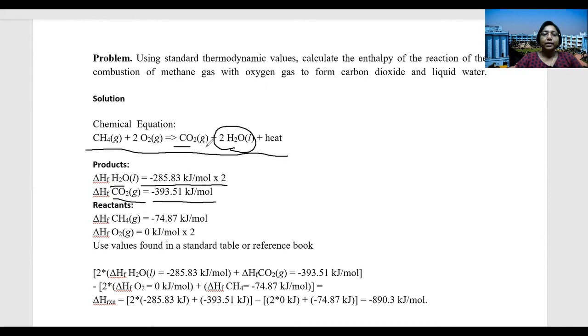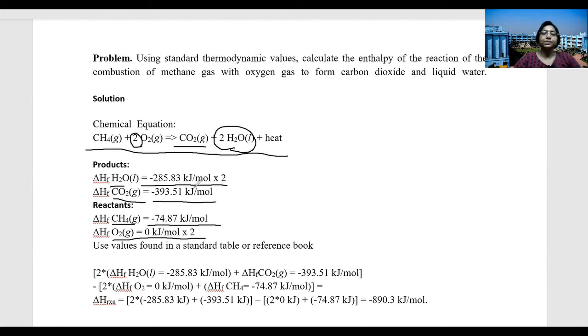So now for the reactants, CH4 and O2 are given. For CH4, that is minus 74.87 kilojoule per mole. And for O2, that is 0 kilojoule per mole, and you have to multiply by 2 as here it is 2.